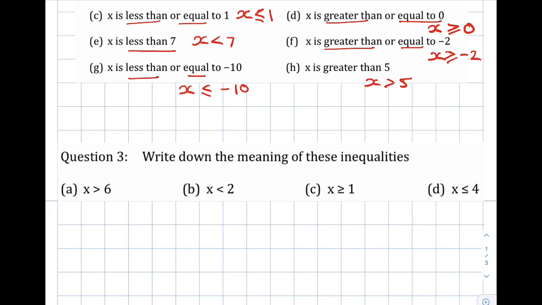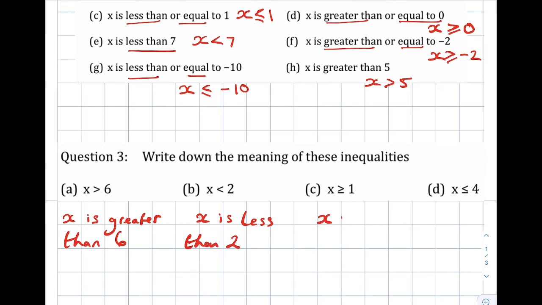So here we are saying x is greater than 6. That's what this means. What you can do at this stage is pause the video, have a go at these questions, and then press play again to look at the answers. Part B, x is less than 2.